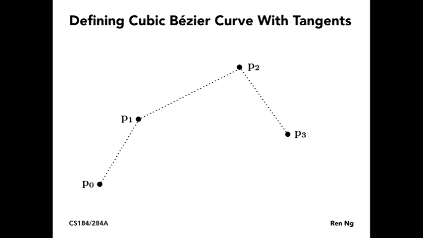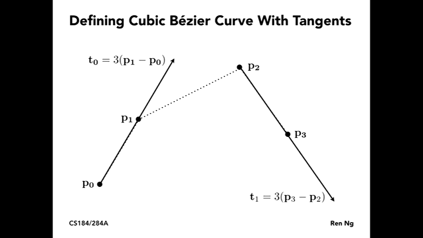If you have these 4 control points which define the Bezier curve that we want here, which is again going to be given by a cubic polynomial, then the definition turns out to be that the curve will go through P0, and the tangent vector there is going to be given by 3 times P1 minus P0, and the exit tangent vector is going to be given by 3 times P3 minus P2, and the curve will go from P0 to P3 and have a shape that has that kind of tangent at beginning and end, okay?